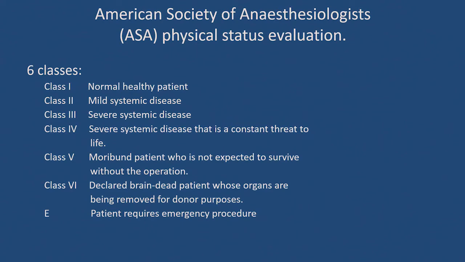The American Society of Anesthesiologists classification should then be used to determine the physical status. Class 1 and 2 are considered low risk, while Class 3 and beyond are considered increased or high risk for sedation.